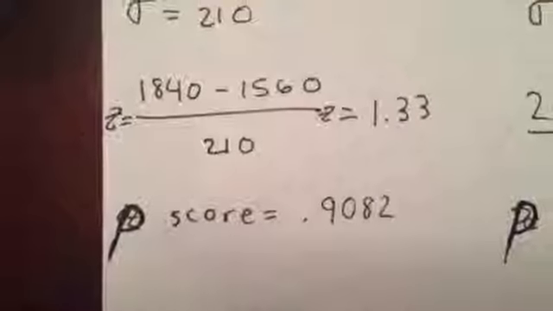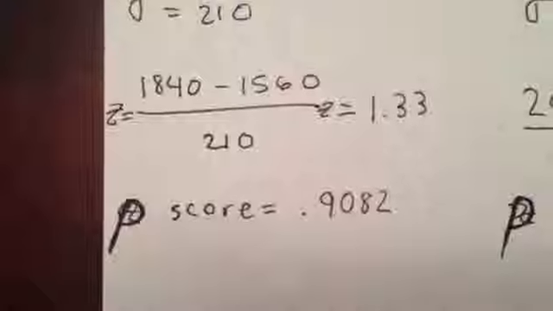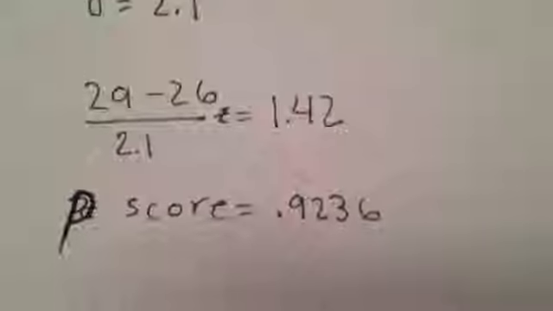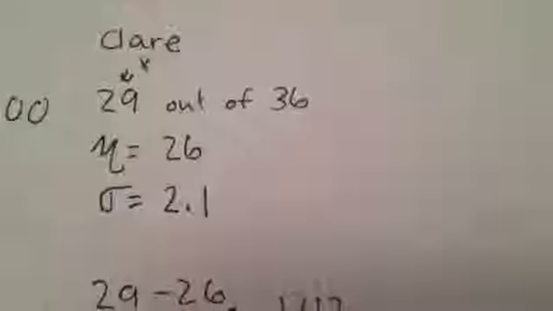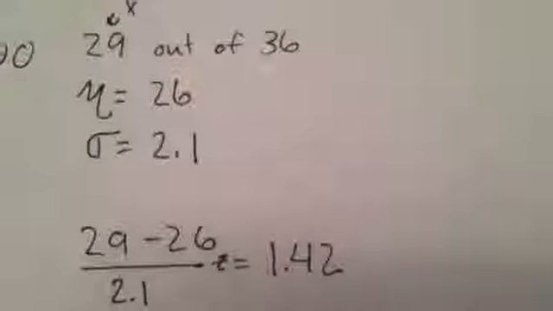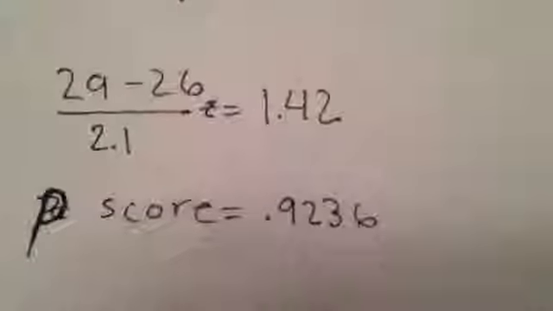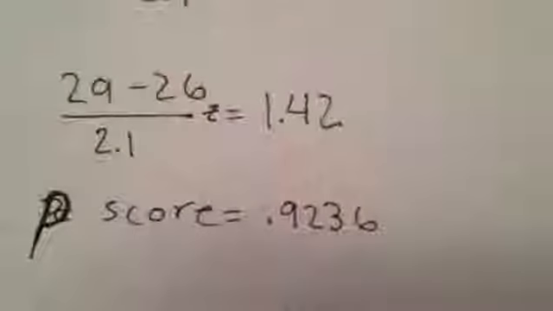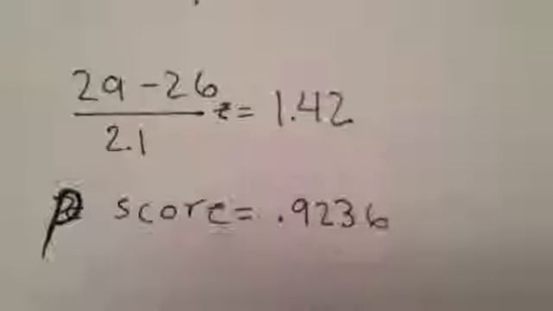Then we take our z number, go into table A, and find that our p-score is 0.9082. Now we want to compare it to Claire's score. So Claire took the ACT, a test out of 36, of which she scored 29. The population average was a 26, and the standard deviation was a 2.1. So we do 29 minus 26, which is our statistic minus the population average, divided by 2.1, our standard deviation.